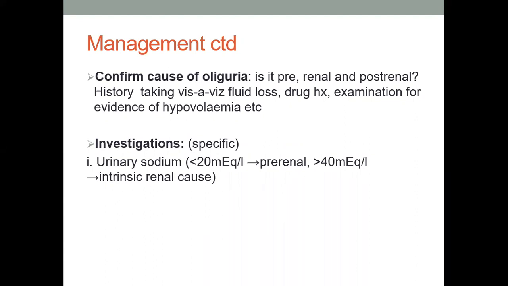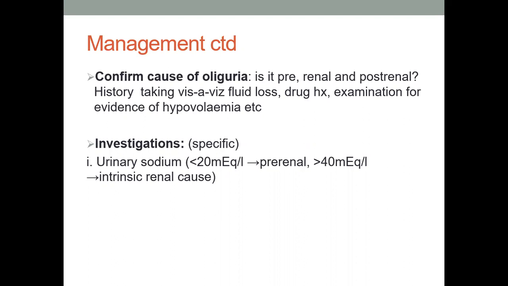And investigations, specific investigations in AKI management include urinary sodium, which can differentiate between pre-renal and renal. When urinary sodium is less than 20 milliequivalent per liter, it shows that it's pre-renal. And when it's more than 40 milliequivalent per liter, this shows a structural or intrinsic renal cause.